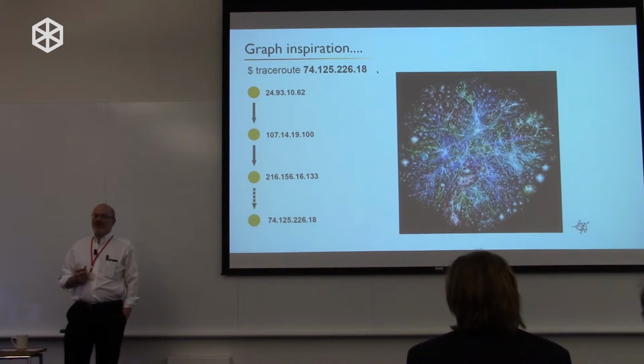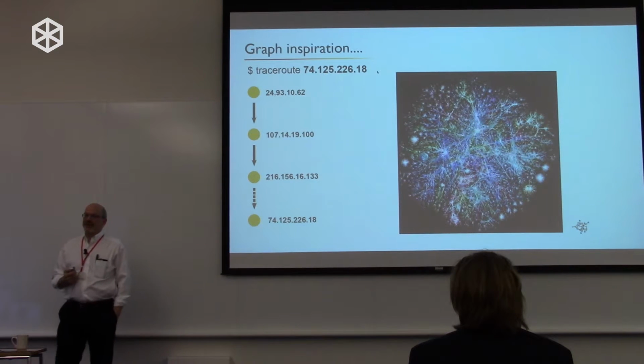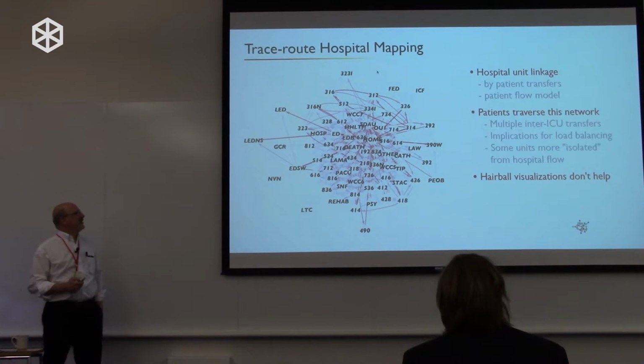We broke each of those patient journeys into dyads, where somebody went to location 1 and then location 2 in the hospital, and we summed up the occurrence of those dyadic pairs, those edges, and we know the time scale, and so we were able to create.